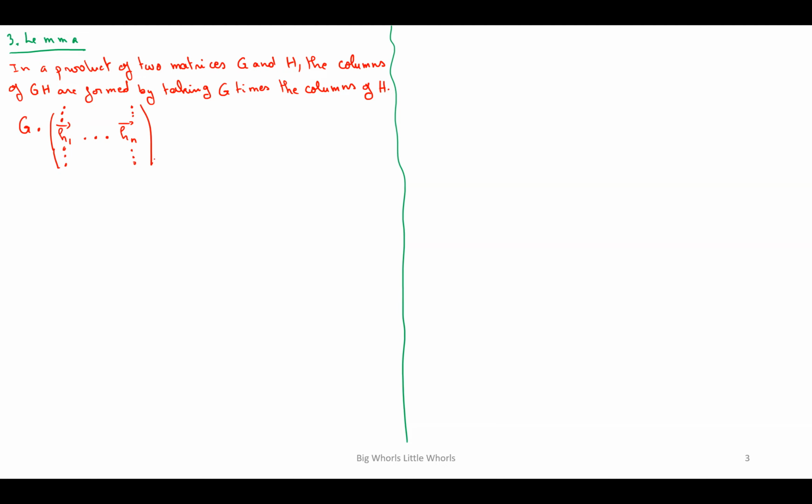It's going to be equal to G, so it's going to act on the rows. So it's going to be G times H1, up to G times HN.